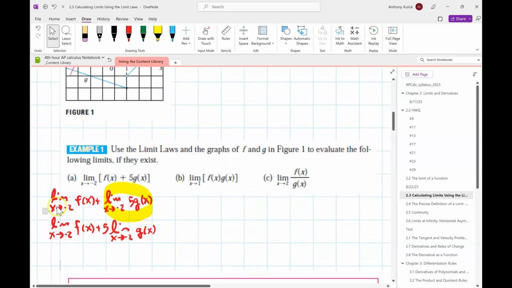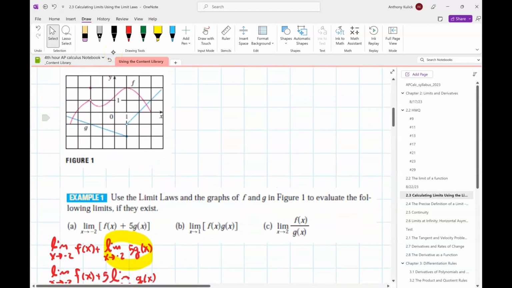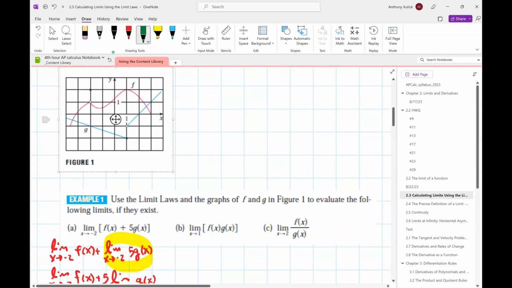And now I can evaluate the limit as x approaches -2 of f of x just by looking at my graph. So let's see. -2 is right here. So f of x is equal to 1. Oops, -2, that's the x-axis right there.